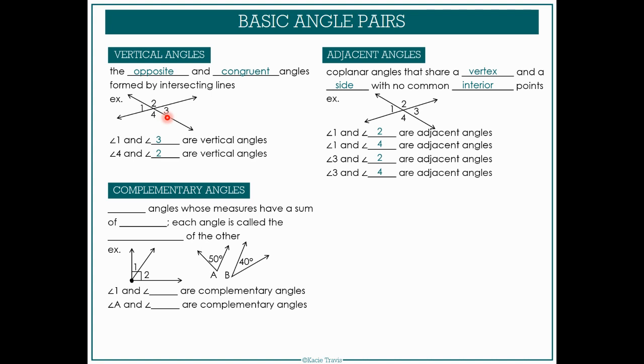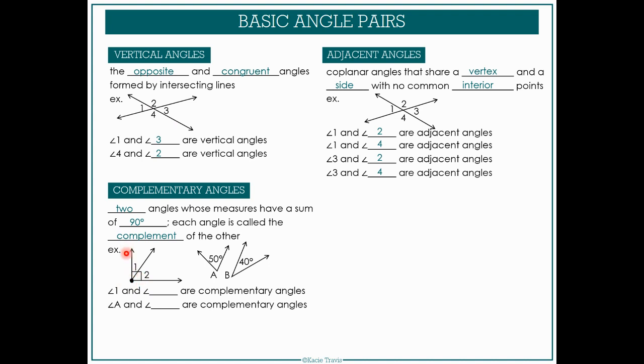So, complementary angles are two angles whose measures have a sum of 90. Remember, sum means that you're adding, and 90 degrees is what they're adding to. Each angle is called the complement of the other. So, you have two different ways that you can see this.